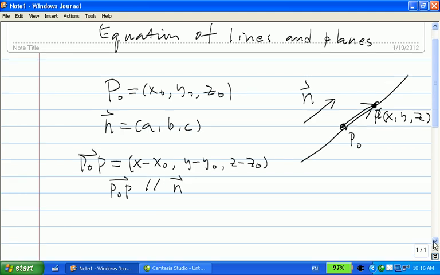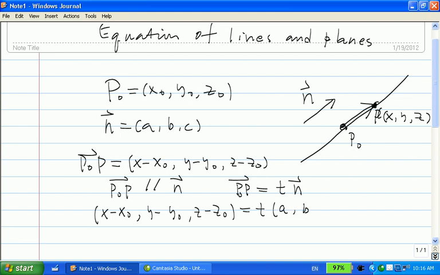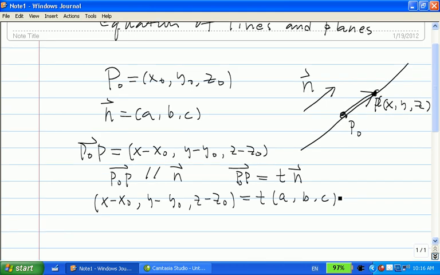So any two parallel vectors must have a relationship like this: one can be a scalar multiple of the other. So we write this. P0P means x minus x0, y minus y0, z minus z0, and t is a scalar times n, which is a, b, c. Scalar times vector means the scalar times each component.